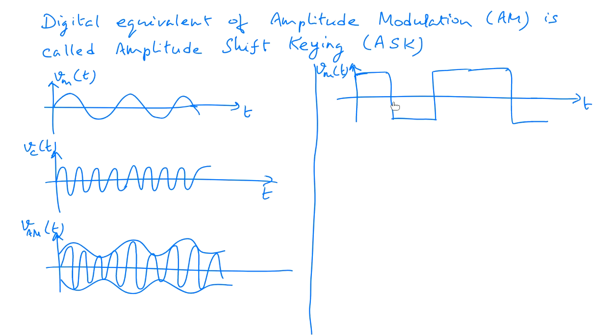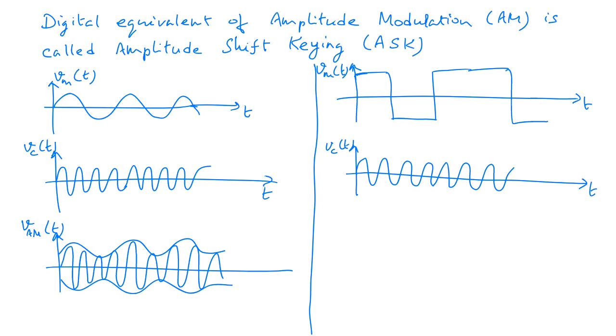So the digital modulation uses the waveform representation of a digital signal. The carrier remains the same as in the analog case, so it's a high frequency sinusoidal waveform. Okay, so that's our carrier Vc of t, and because there are only two amplitude levels in the message signal, the amplitude modulated signal will have the carrier amplitude existing on only two levels.